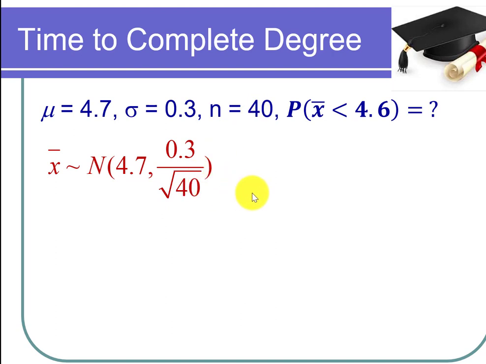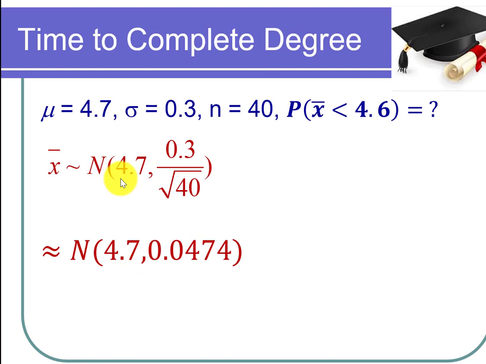So it helps to pop that in a calculator and write that as a decimal. We can say that x bar is normally distributed with mean 4.7 and standard deviation 0.0474, which is what I got when I took 0.3 divided by root 40.